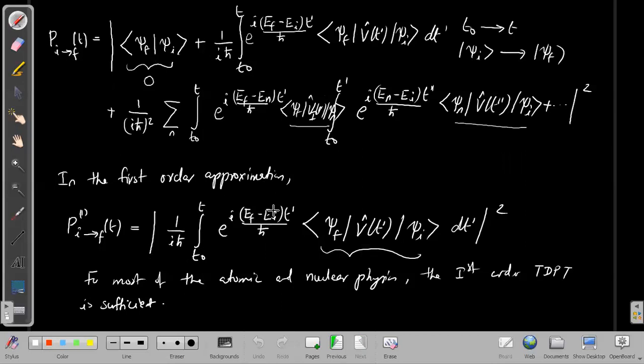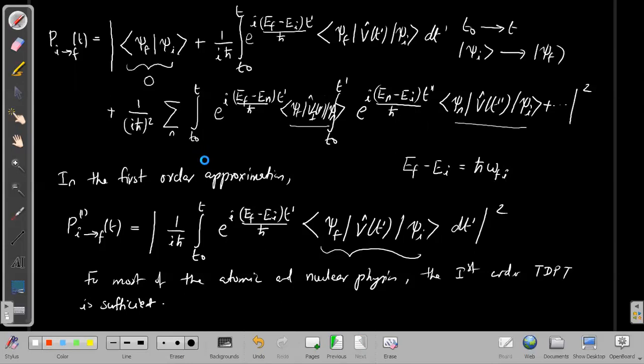Now we can rewrite this final expression in another form using the transition frequency, because Ef minus Ei can be written as h cross omega fi. This omega fi is called the transition frequency. It is customary to write this entire expression in terms of omega fi, because we'll use it in our further discussion.